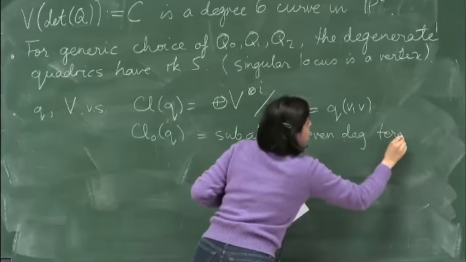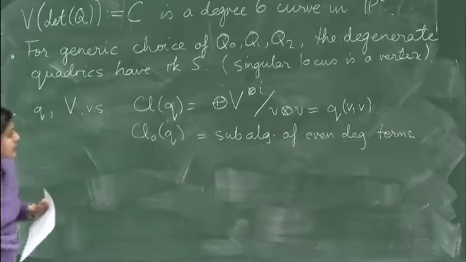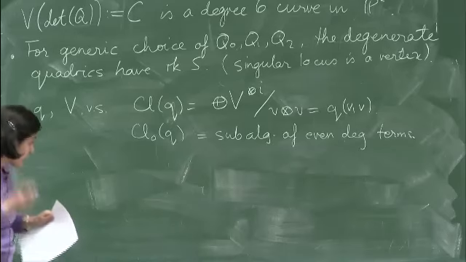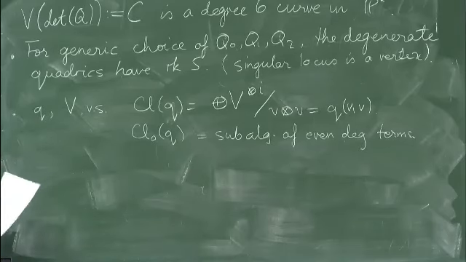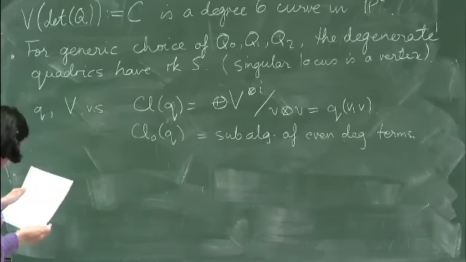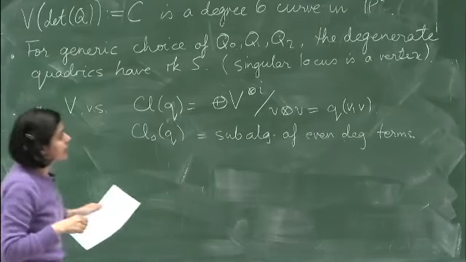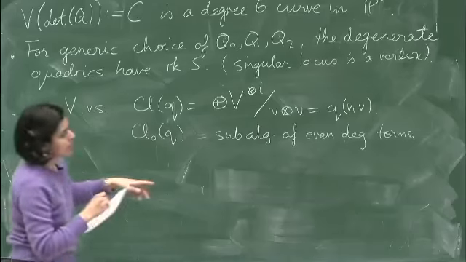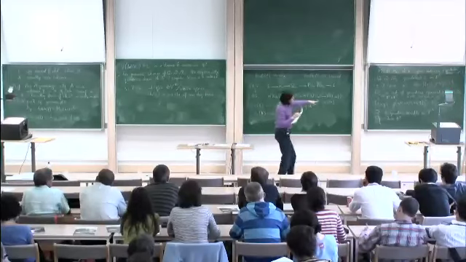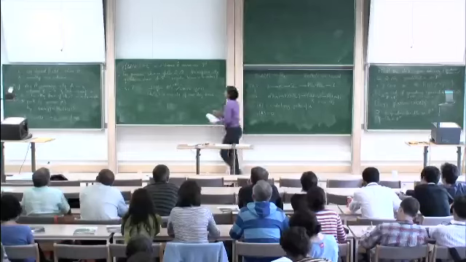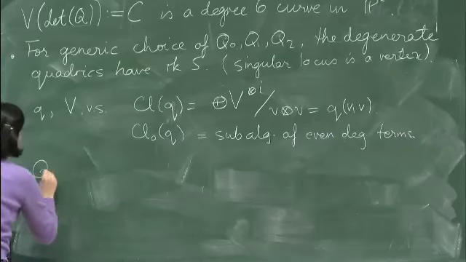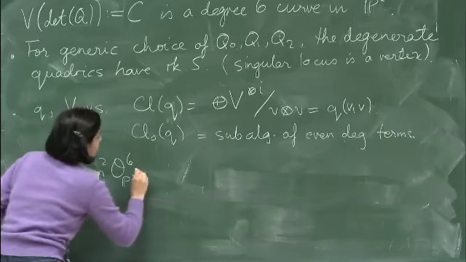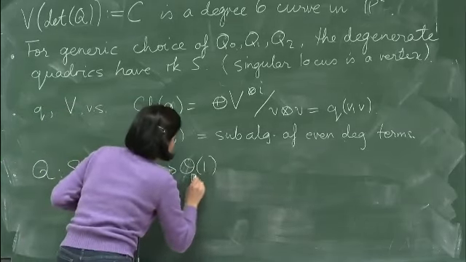So this works for non-degenerate quadratic forms on vector spaces, and we want to generalize this notion to a family of quadratic forms which do degenerate. So in that case, there isn't really a notion of a Clifford algebra for this family of quadratic forms. Let me write this down: Q is a quadratic form on the trivial bundle O^6 with values in the line bundle O(1) on P2.